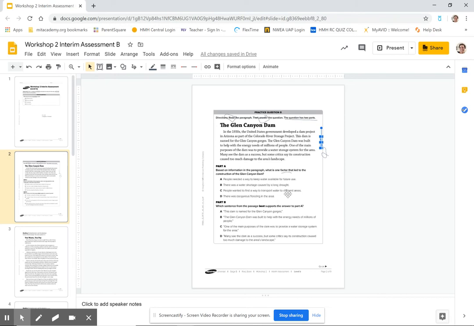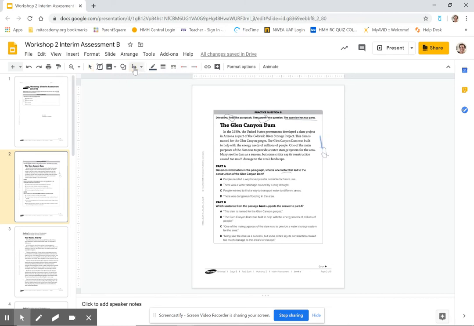Again, I see water here, but I don't see anything about transport. D. There was a dangerous flooding in the area. Flooding's related to water, maybe that's the answer. But I don't see anything indicating in this paragraph that we need flooding.